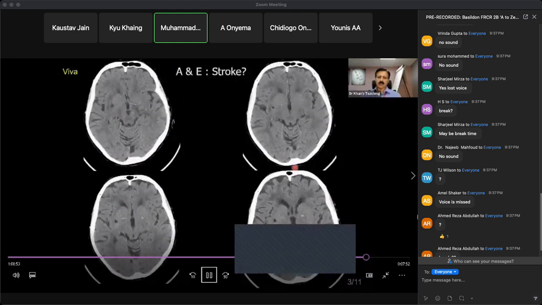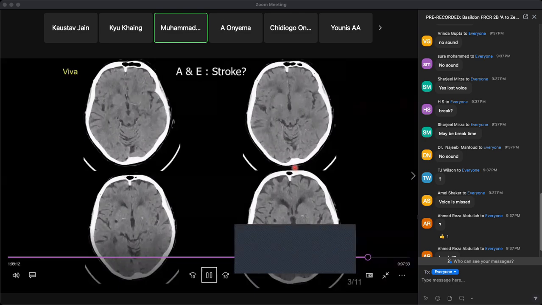Okay, different case. You are reporting this as on-call radiologist. And is there any stroke, particularly on the right side? Okay, so I can see bilateral frontal subcortical or deep white matter hypodensity.